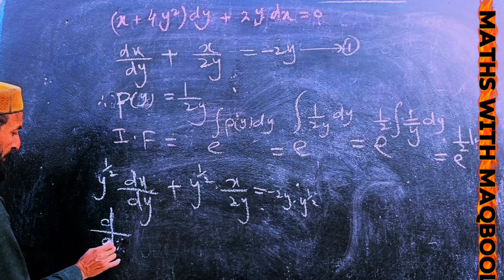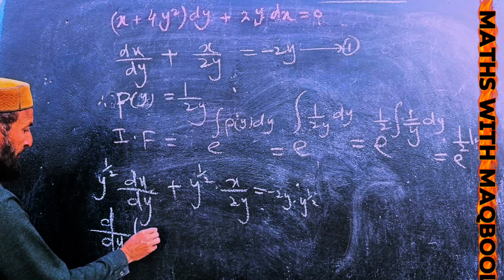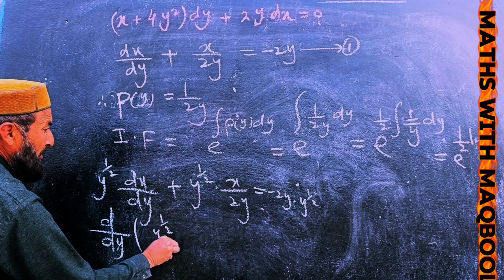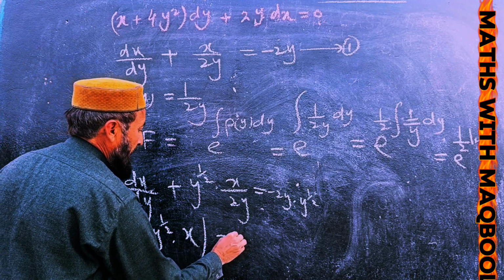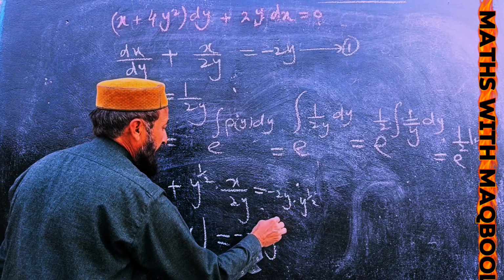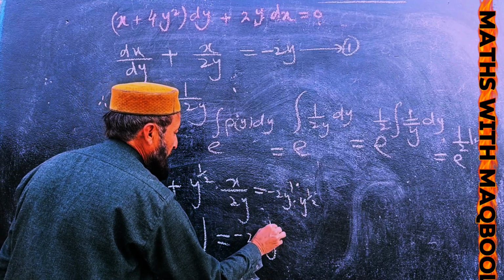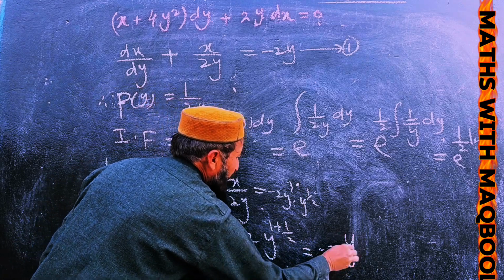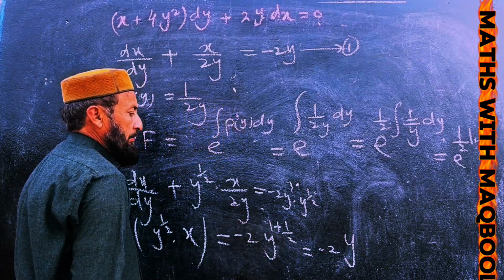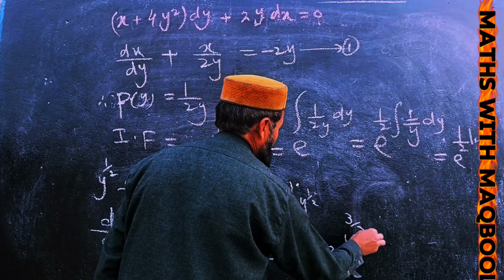So y to the power 1 by 2 into x is equal to minus 2 y, we are taking here, power is 1 plus 1 by 2. So further we simplify minus 2 and y, we take the LCM, we get 3 by 2.